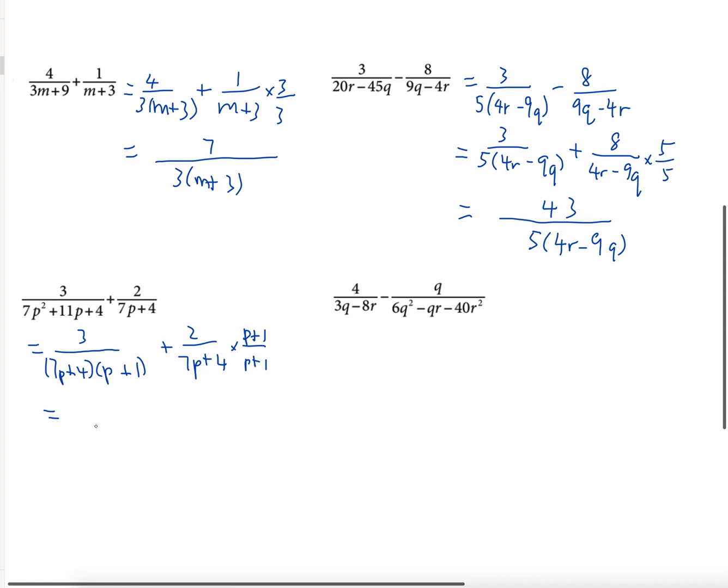So now the denominator is 7p plus 4 times p plus 1. Numerator here is 3 plus 2p plus 2, which is 2p plus 5. Remember to leave the answer in factorized form, both the numerator and denominator.